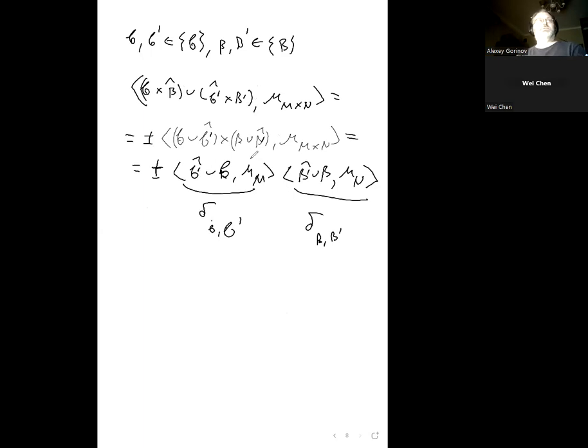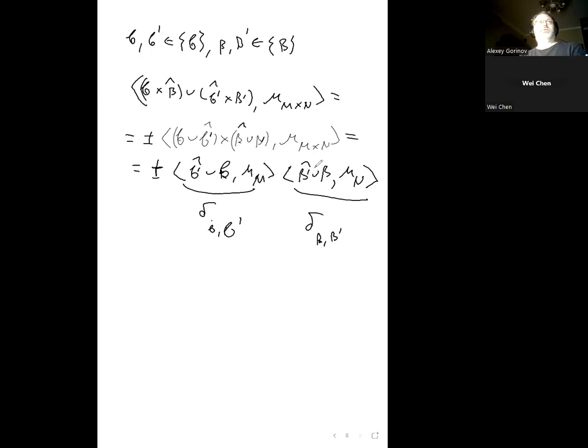Let me change the roofs. Then I need to change them here as well. And it will be beta roof.